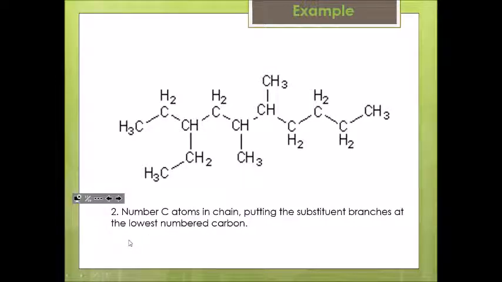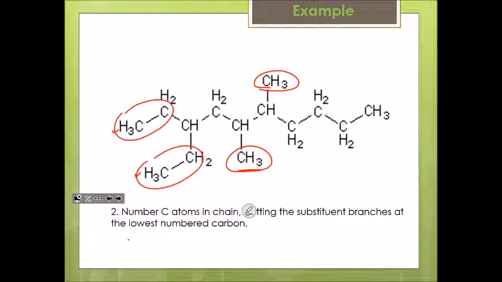Number the chain, putting the substituent branches at the lowest numbered carbon. Well, I can start here, or I can start here to get to 10. This is going to be a branch, either this one or this one, depending on how I number. So it makes more sense to get the branches off of lower number carbons if I start on the left.